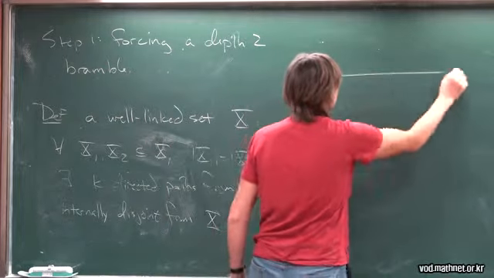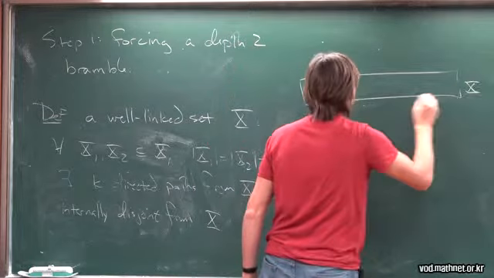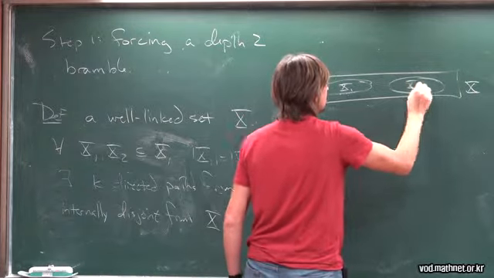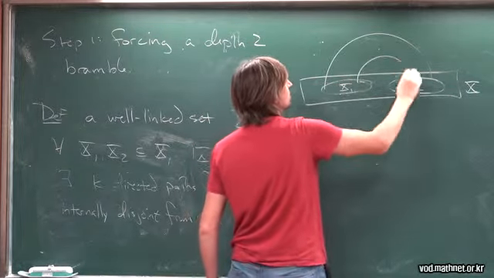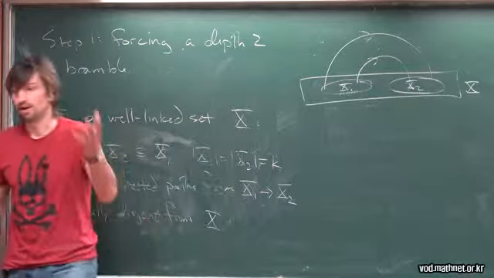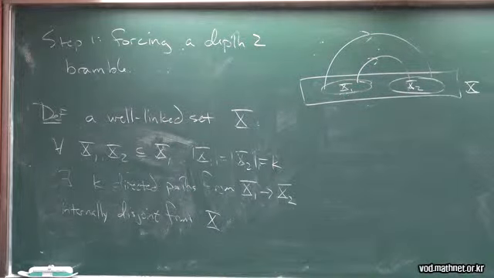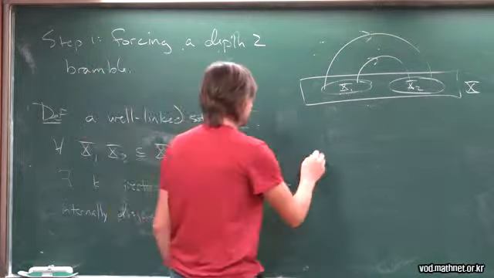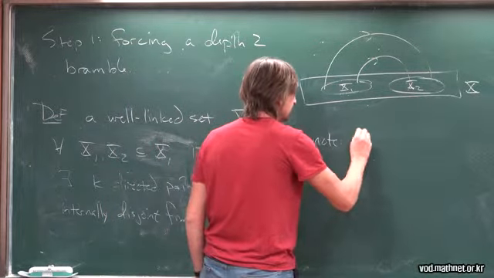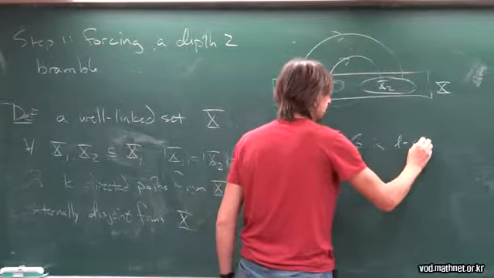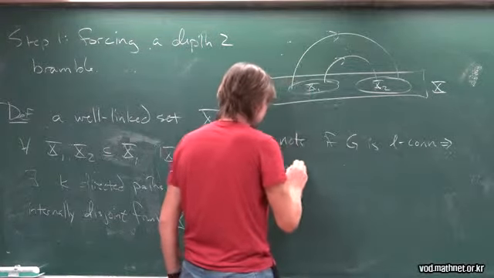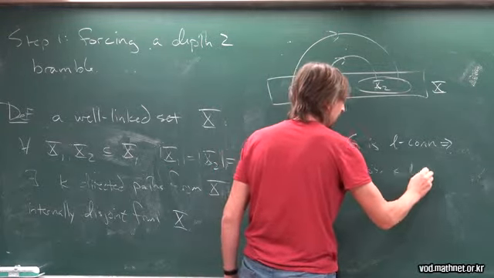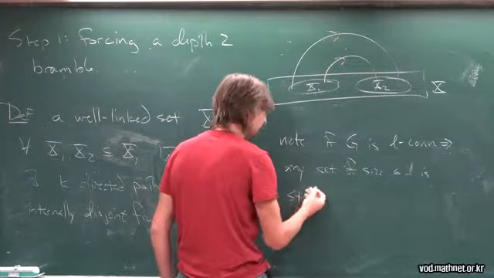So if I have my whole set X like this, and I pick x1, x2 of the same size, then I can always find disjoint paths of size of x1 going to x2. So note that if G is L connected, then any set of size less than or equal to L is well linked.